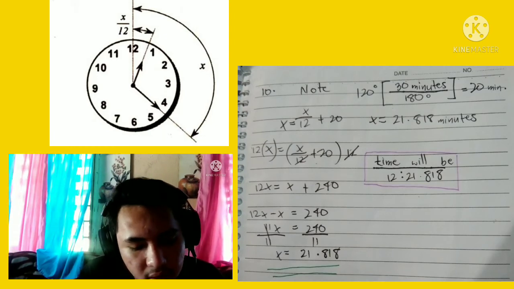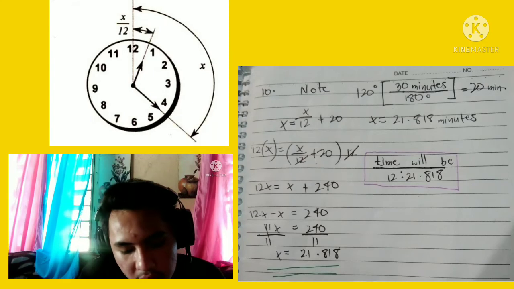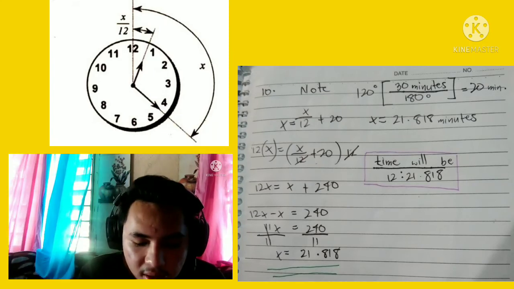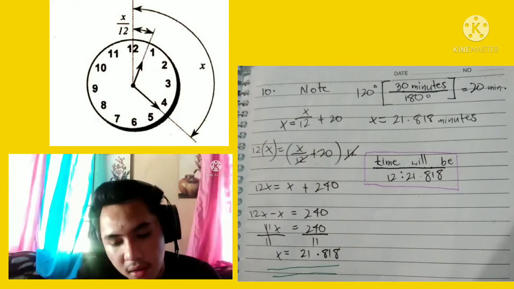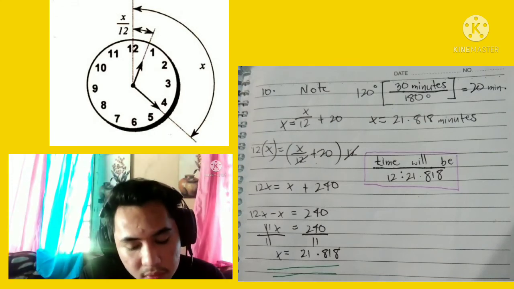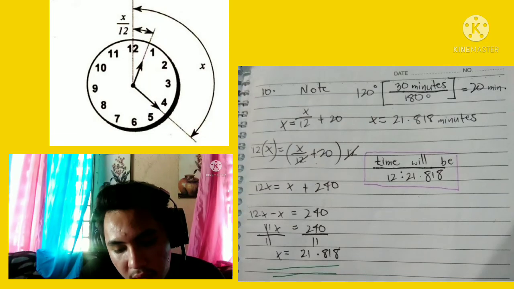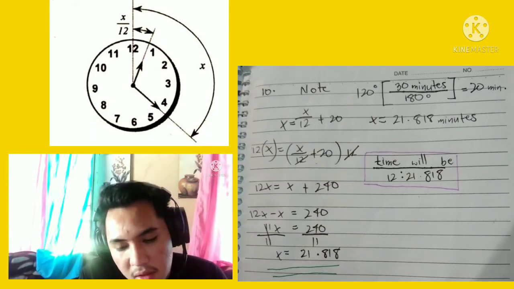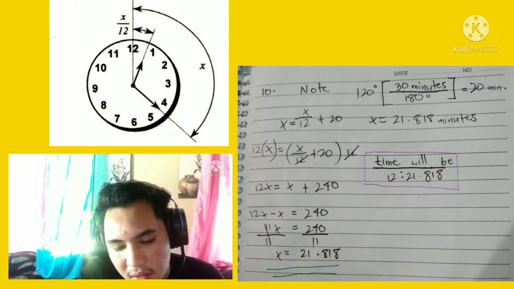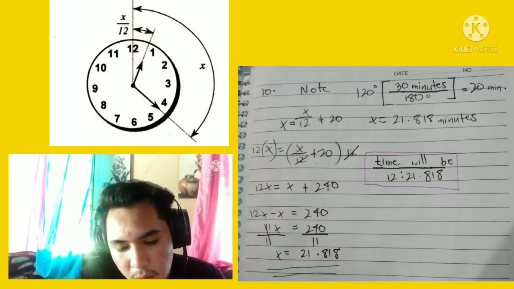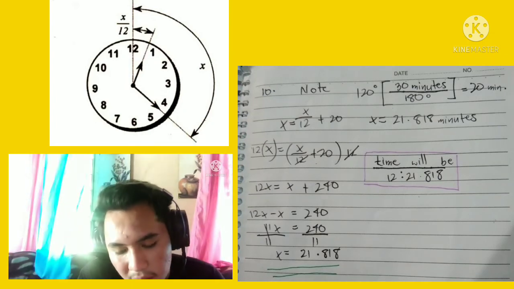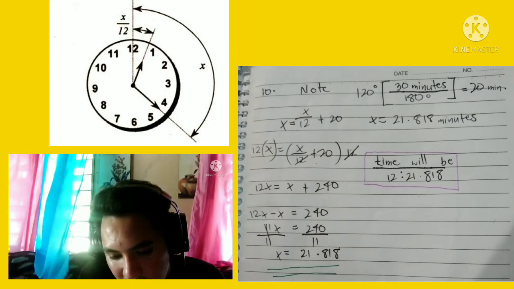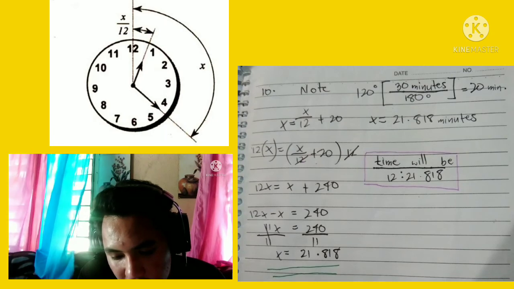We will get 11x equals 240, and divide both sides by 11, and now we will get x equals 21.818, and our time will be 12:21.818. So when the clock strikes 21.818, our angle is going to be 120 degrees again.